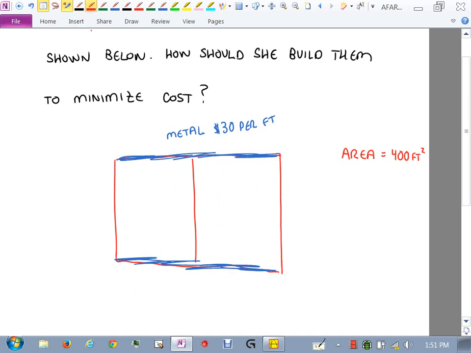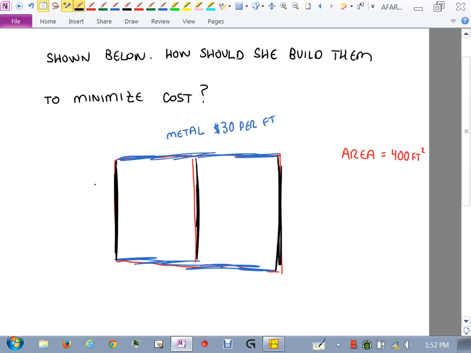Now, the side parts and the middle part are going to be a different material. It's got to be a little bit heavier because it's got to keep these animals from each other, and they want to attack it. I'm just making this up right now, okay? It's going to cost something else, so let's make it $52 per foot.